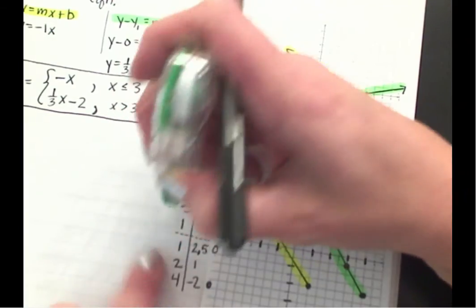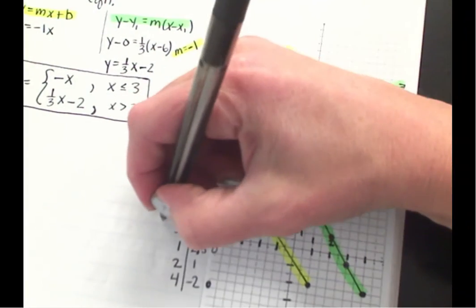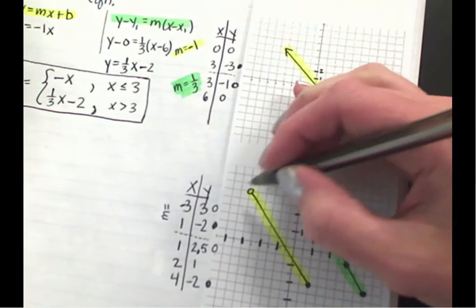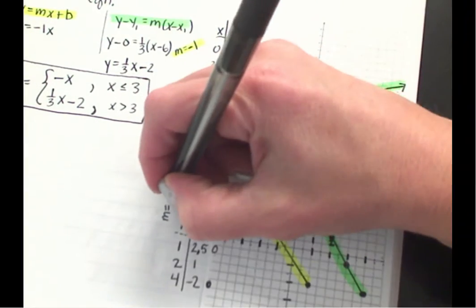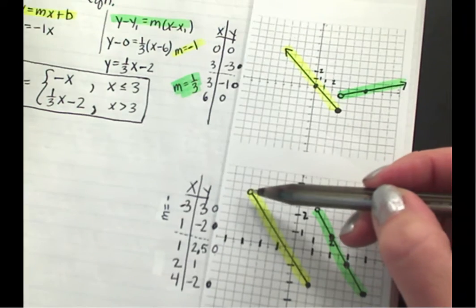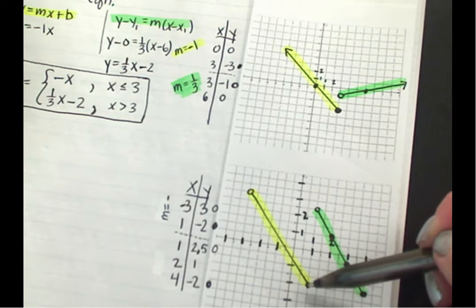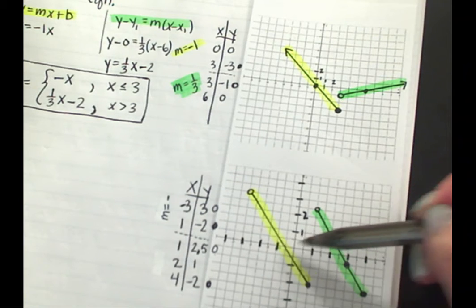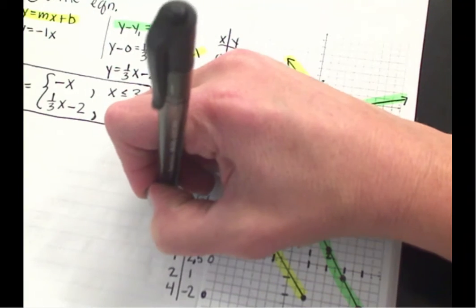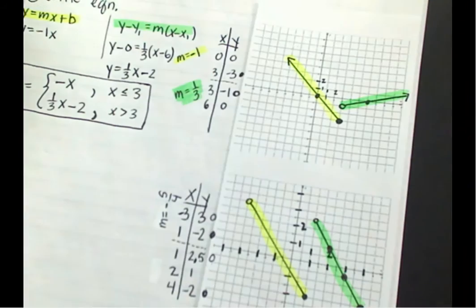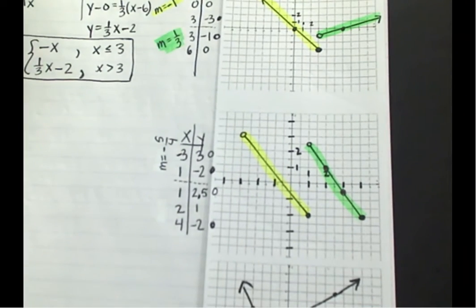Okay, so I'm just looking at my graph. The yellow portion gets a negative slope. Rise 5, yeah, 5 over 4. All right, -5/4 slope.